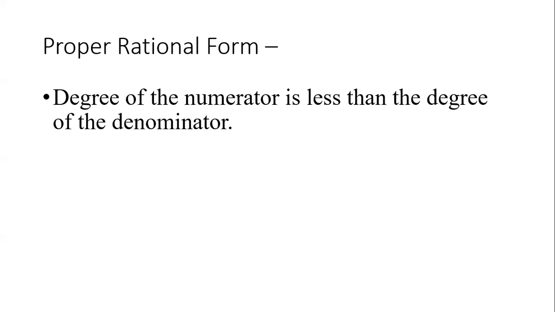So the proper rational form means that the degree of your numerator is less than the degree of the denominator. It's no longer just the number, you have to pay attention to the degree. So we're proper if the degree of the numerator is less than the denominator.